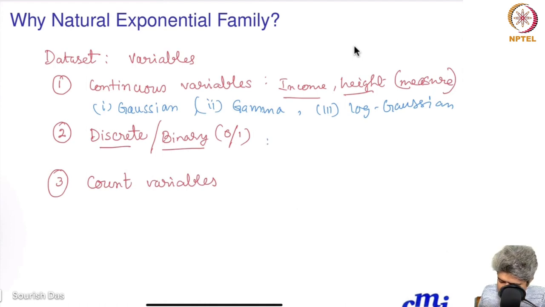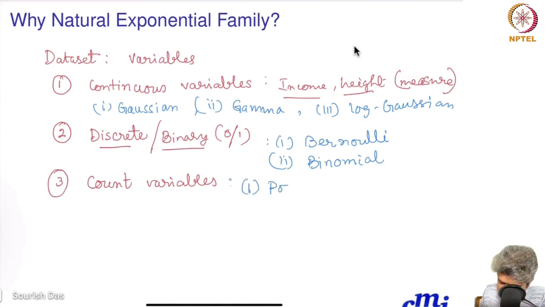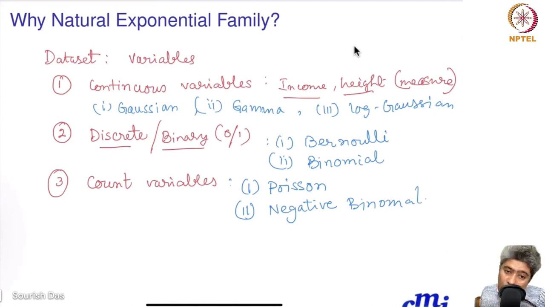For binary or discrete, you typically have Bernoulli distributions, or we call it the binomial family of distributions. And the count variables, we typically model with either Poisson distributions or negative binomial distributions. These are the popular distributions we use to model count variables.